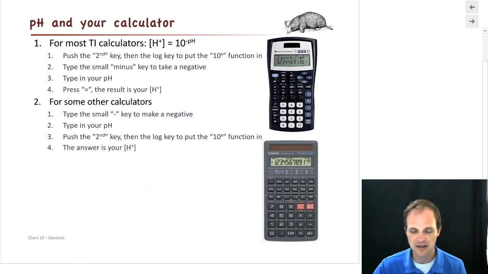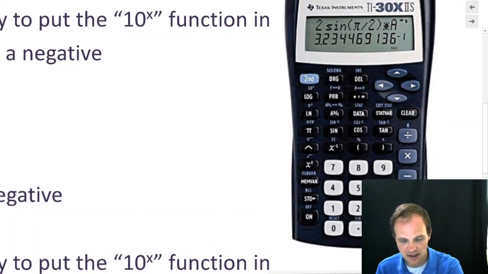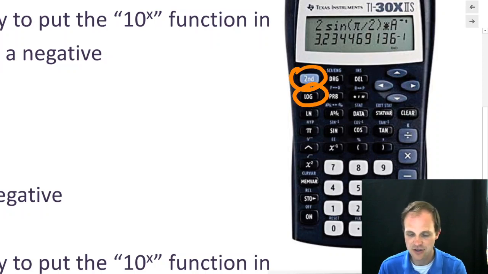How do you do it on your calculator? For most calculators, the 10 to the power is just the opposite of the log. So if you look at your calculator up close, you've got the log key here. But right above that in little blue is a 10 to the power key. And so what I'm going to press is second, then log, and that should give me something that says 10 caret.